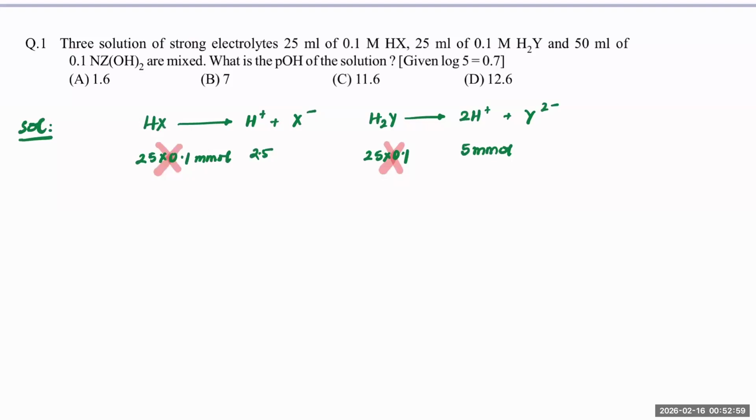And the third one is Z(OH)2, which will ionize as Z2 plus and 2 OH minus. So this is 0.1 normal into 50 ml. Let me write down 50 into 0.1 normal.